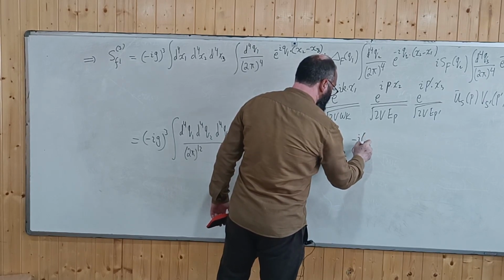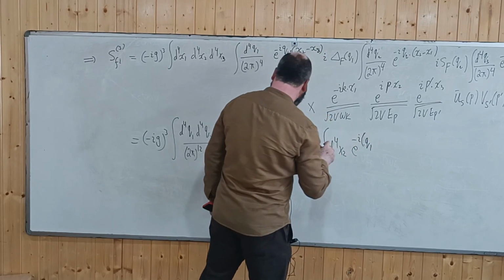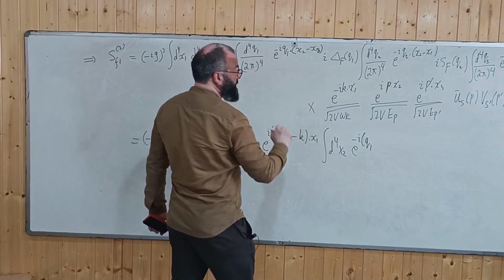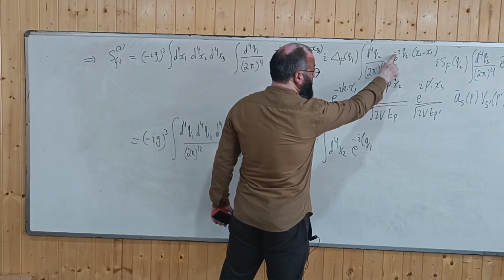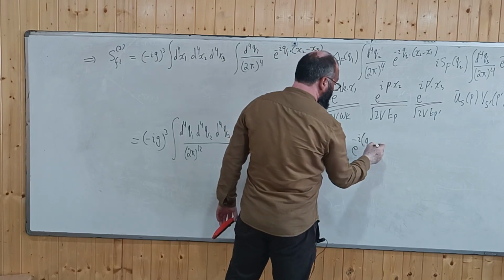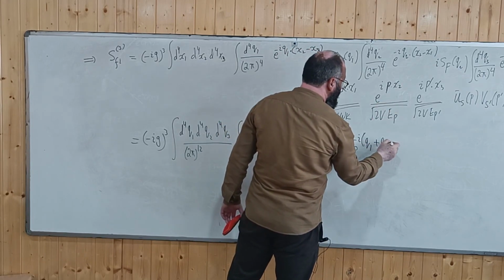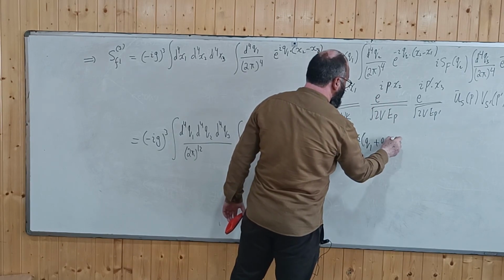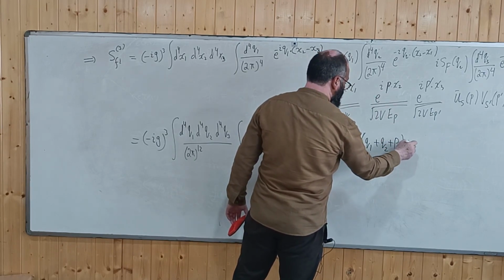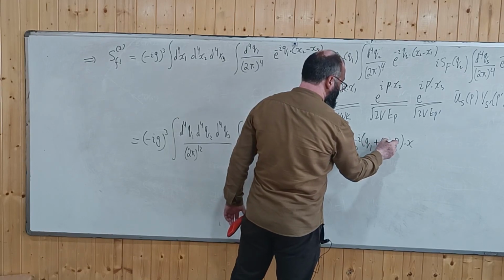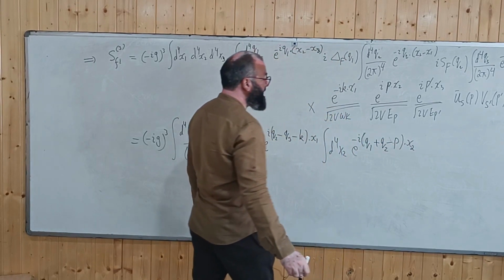so now x2, this is the factor containing x2, i times (q1 plus q2, this also contains the minus, that minus I have put outside, and then this very factor, so it is plus already, minus p) dot x2, clear?